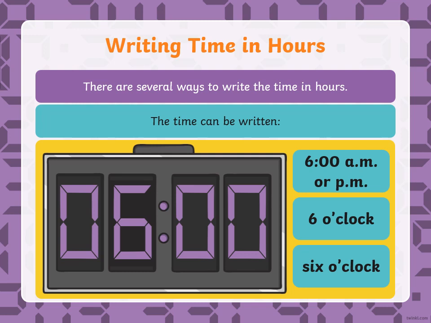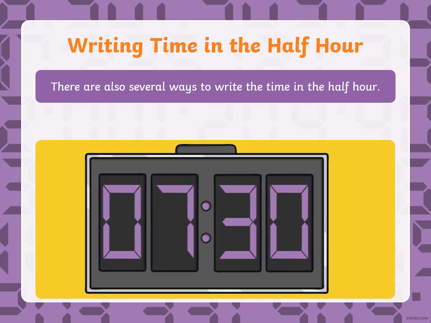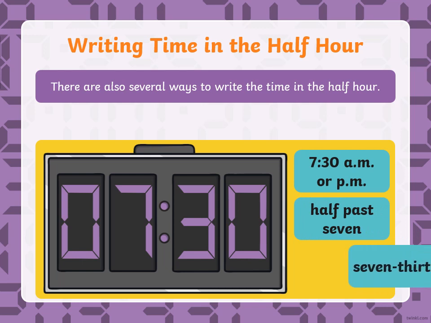So it's written slightly differently. There are also several ways to write the time in the half hour. We can write 7:30 a.m. or p.m., 7:30 or half past 7.